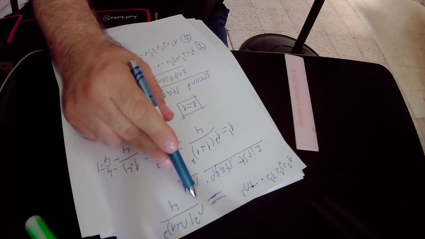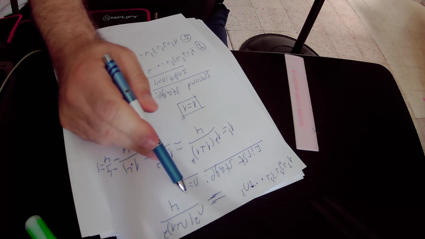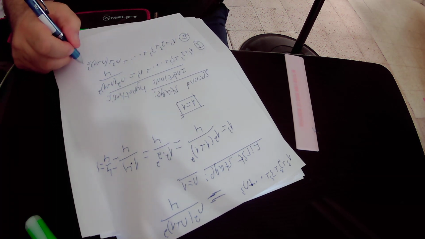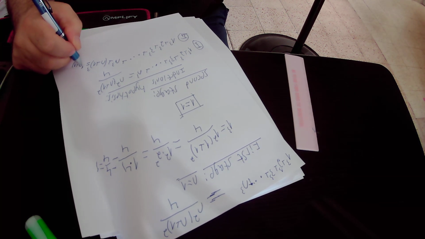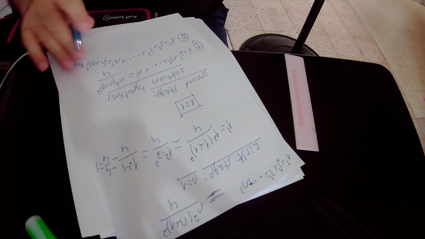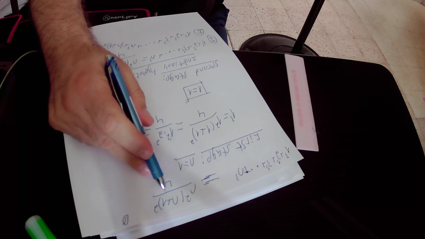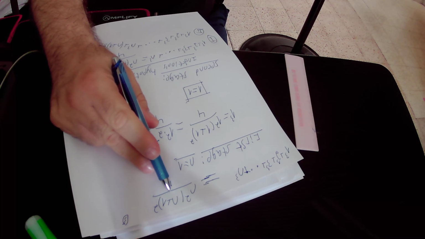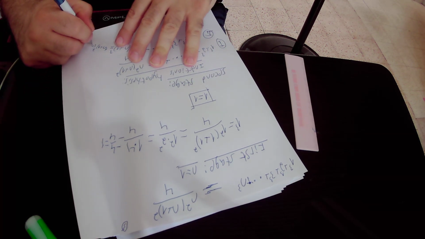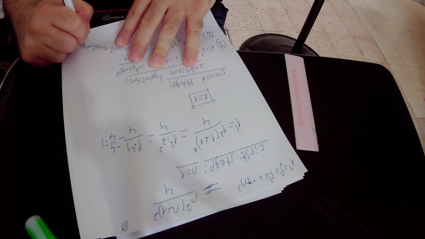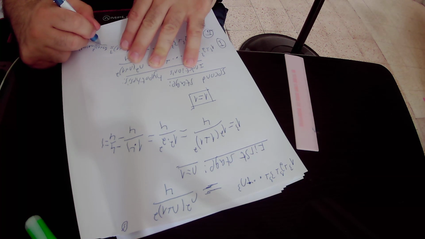So here it's written n squared, so it will become n plus 1 squared. And here it is n plus 1 squared, so it will be n plus 1 plus 1, because n becomes n plus 1, squared, all divided by 4.